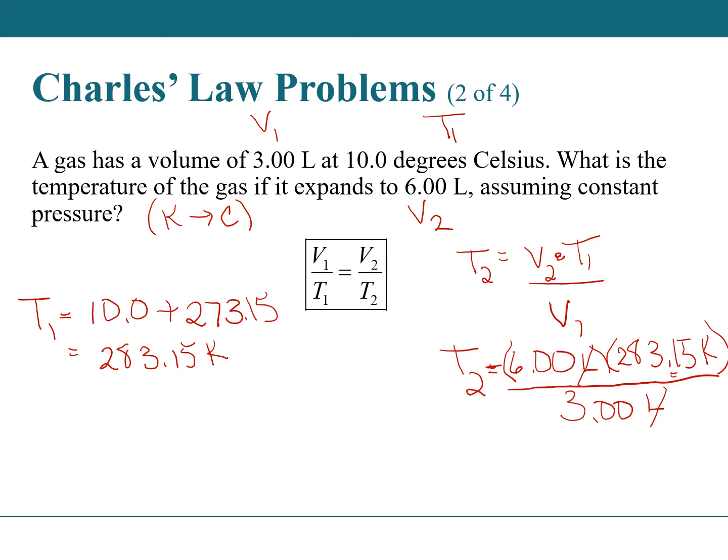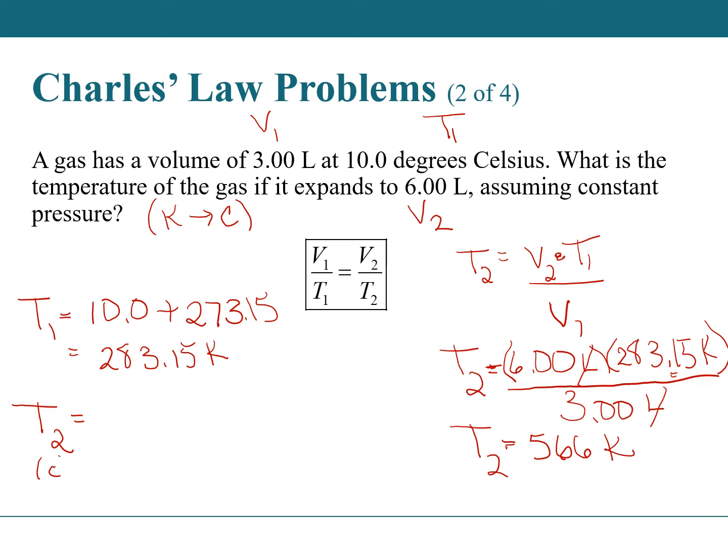So T2 is equal to 566 Kelvin. We didn't specify here, but typically we like to go back, if we can, to Celsius.